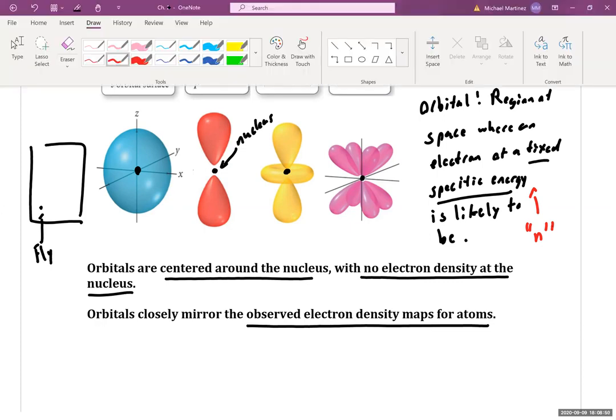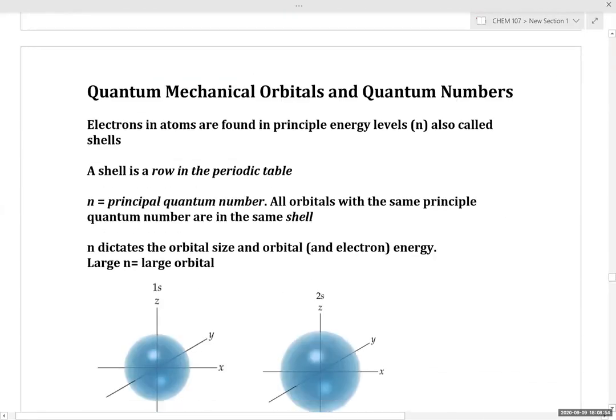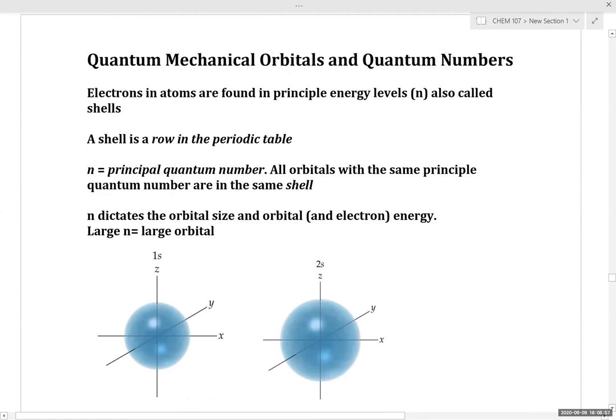So let's talk a little bit about orbitals and quantum numbers. Electrons in atoms are found in principal energy levels, which are called n values, which are also called shells. A shell is a row in the periodic table.